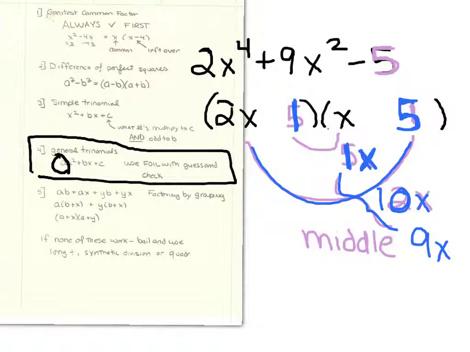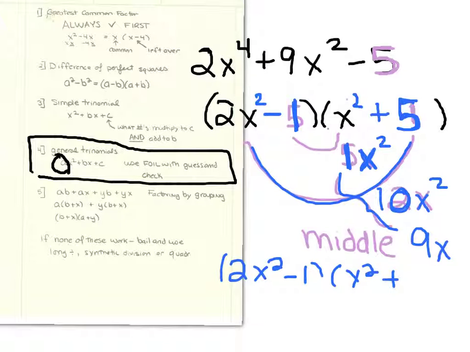And okay, these need to be squared because my middle term has to be squared. And if I make the 10 positive and the 1 negative, I'll get my middle term. So this is 2x squared minus 1 times x squared plus 5.